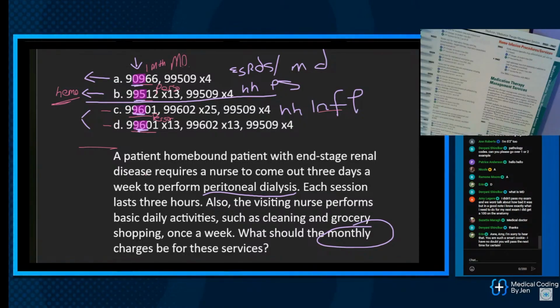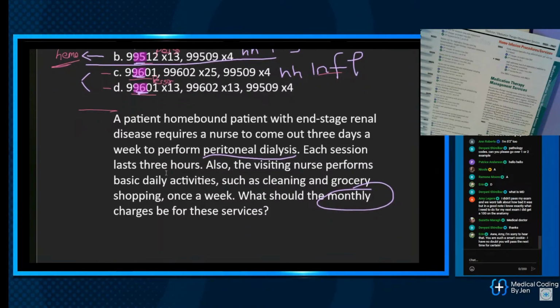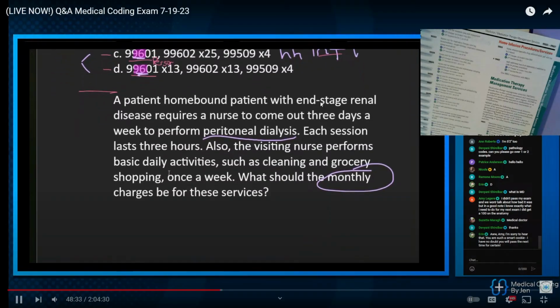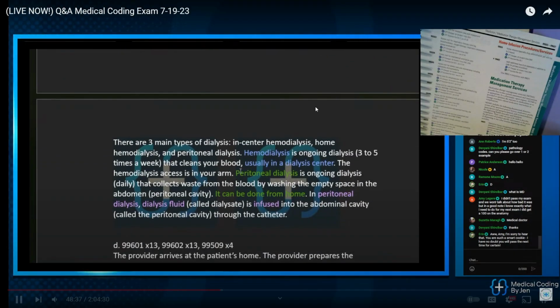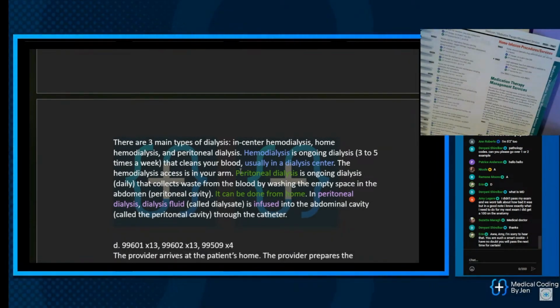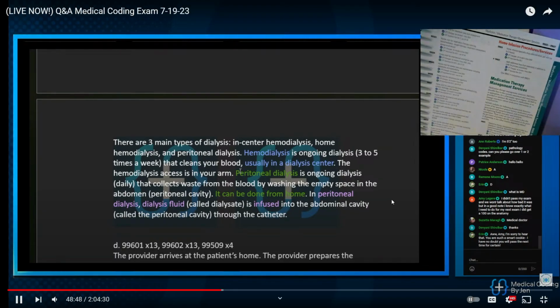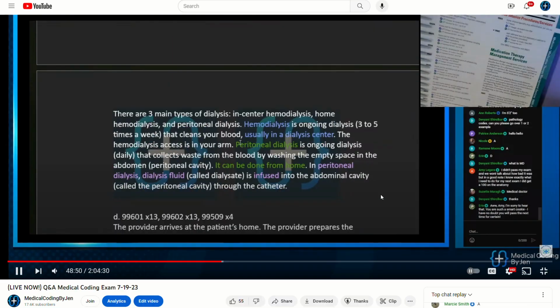This one's really difficult if you don't fully know exactly what the differences are in all the home healths. So I put a little thing up that says there are 3 types of dialysis: in-center hemodialysis, home hemodialysis, and peritoneal dialysis.